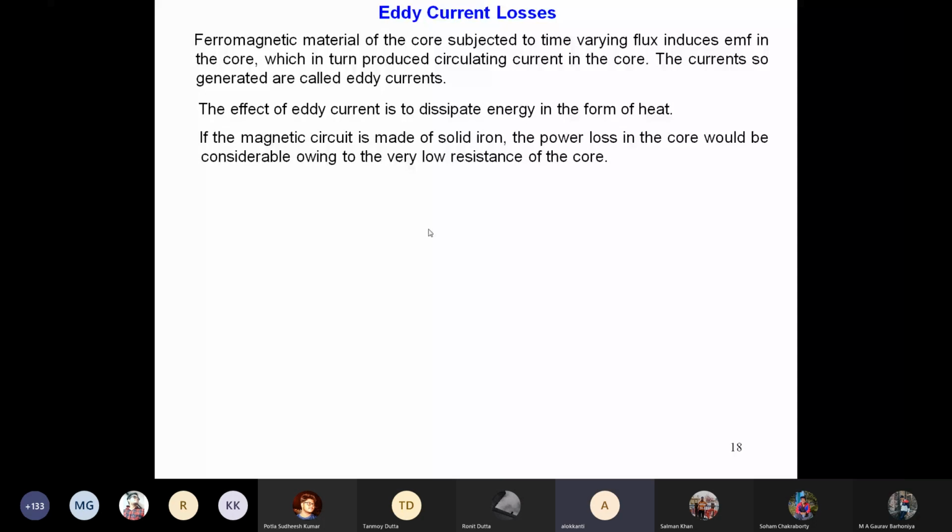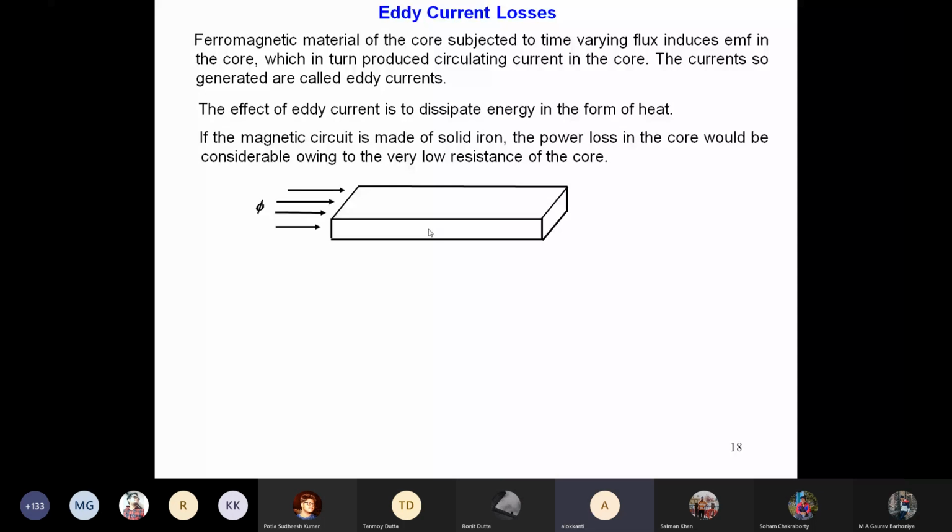If you have a piece of iron like this, and there are flux lines, due to the flux a circulating current is generated inside the piece of iron, and because of this there will be heat loss. So the material will eventually get heated.